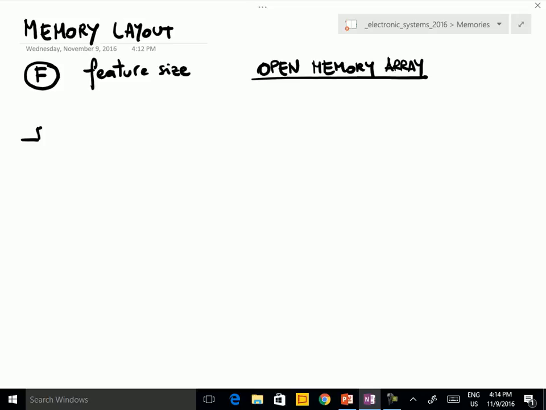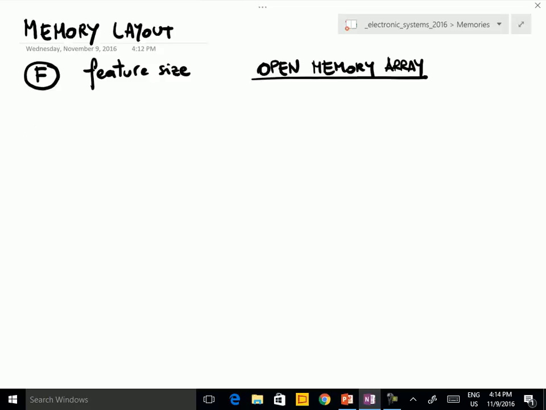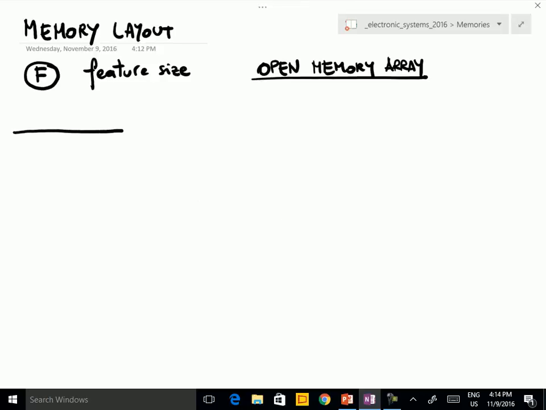You know that in an open memory array, you have a memory cell at each crossing, and from the circuit point of view, if I take two adjacent word lines, such as this, and for example one bit line, I have here one cell, and I have here the other cell.